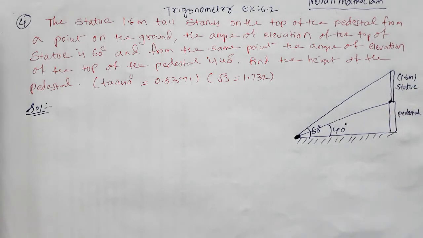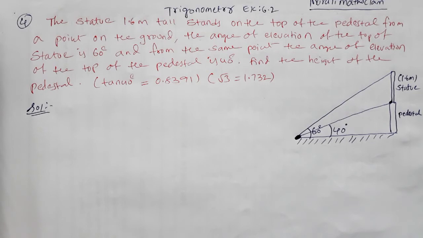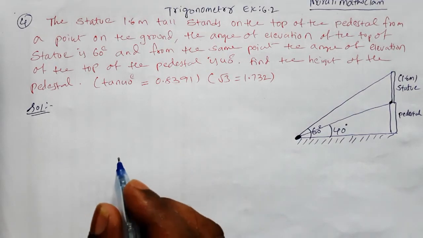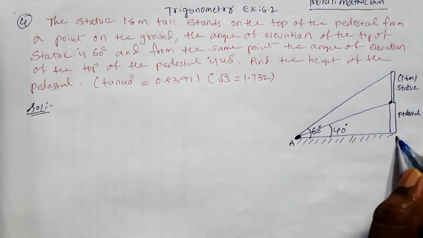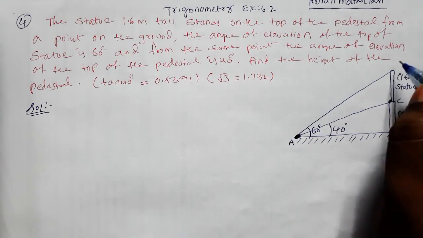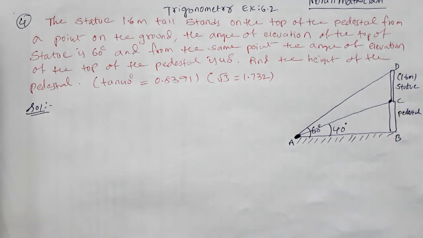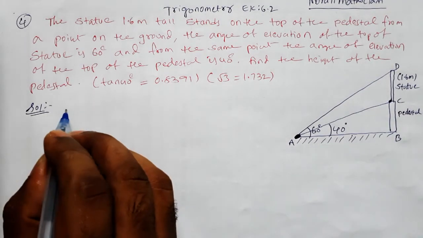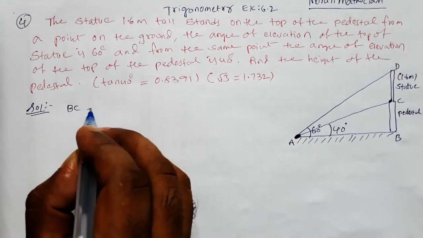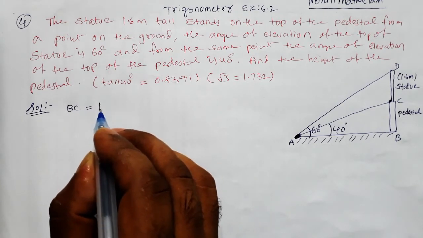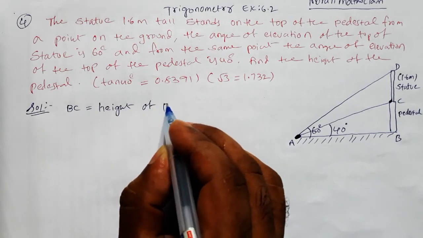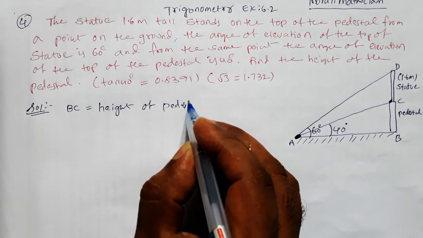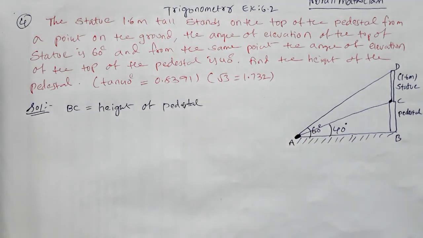Pedestal height. So for that, what we have to do? First, you apply tan 60. Give the names A, B, C, D. So here BC is the height of the pedestal.